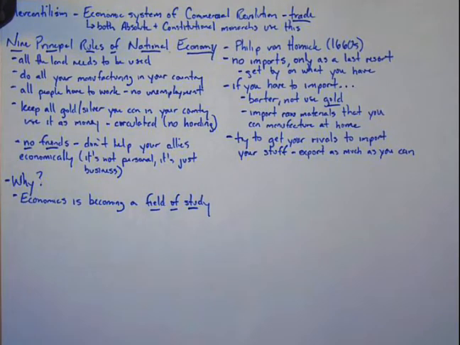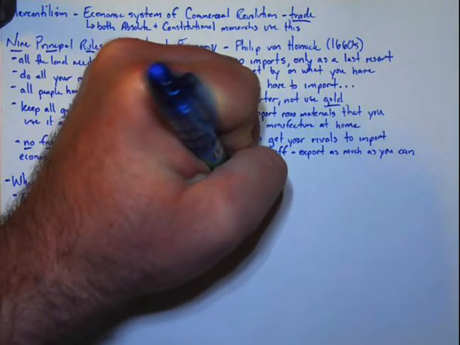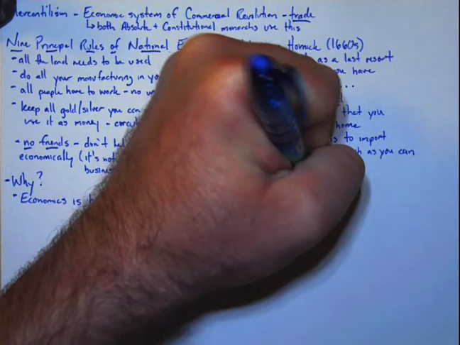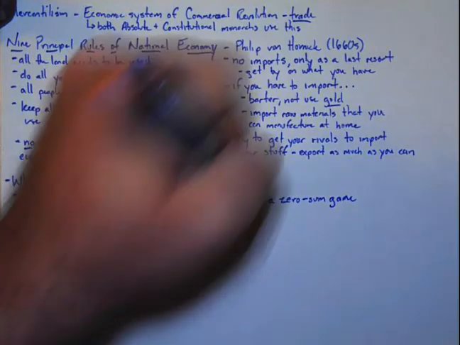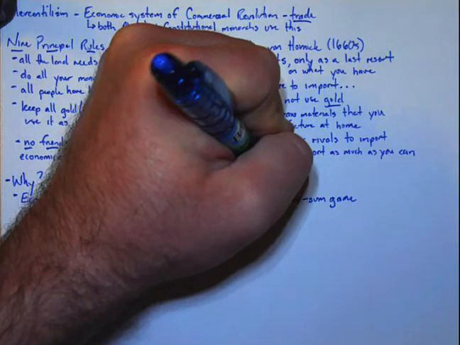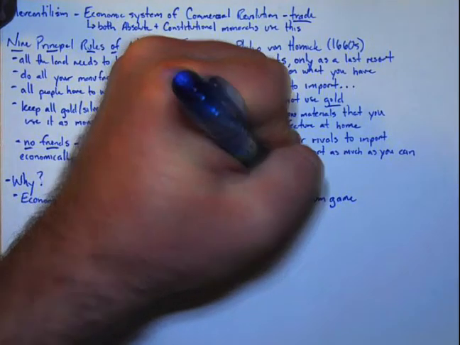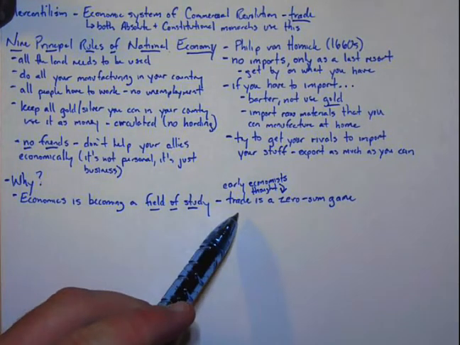And what early economists thought is that trade is a zero-sum game. This is what early economists thought. This is not true, and most economists, I would say 99% of economists today, say that this is wrong.